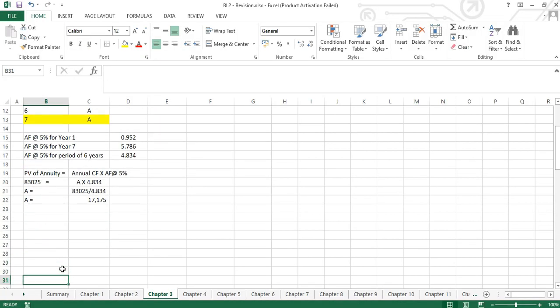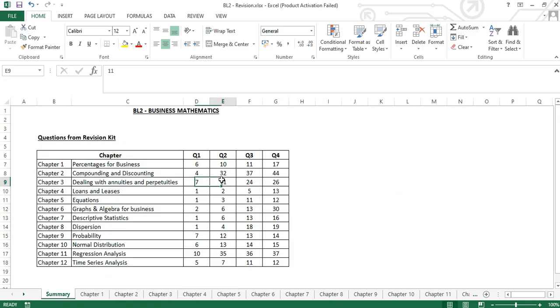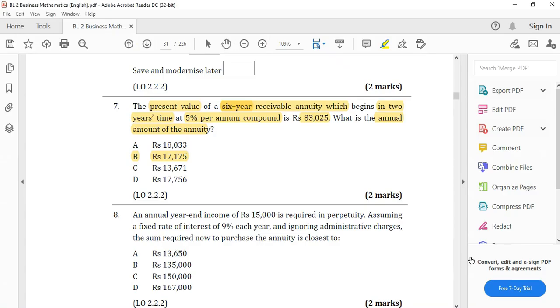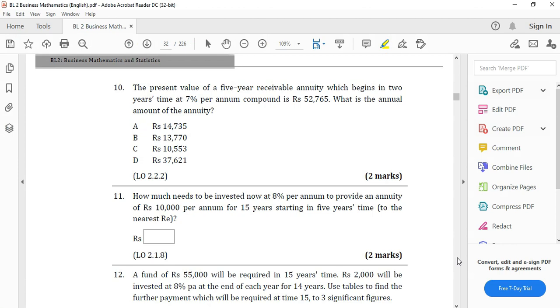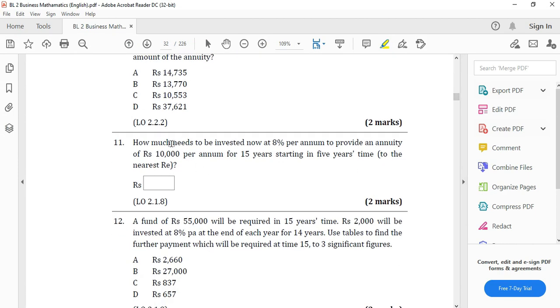Alright. So let's go to the second question. Second question is question number 11. How much needs to be invested now at 8% per annum to provide an annuity of 10,000 rupees per annum for 15 years, starting in 5 years' time?